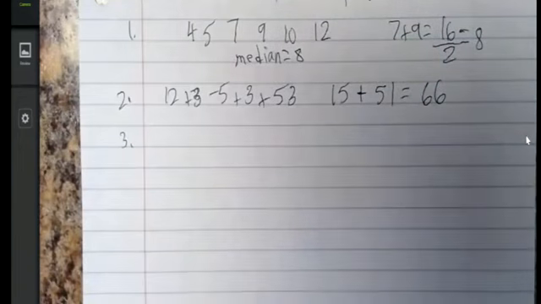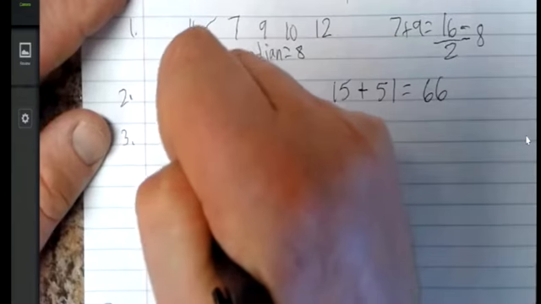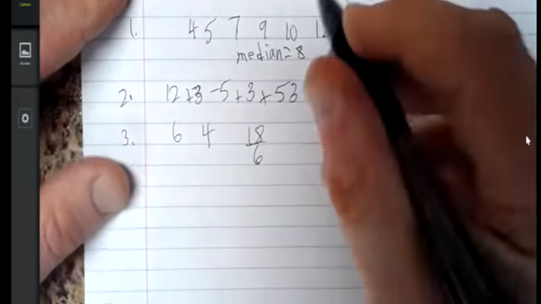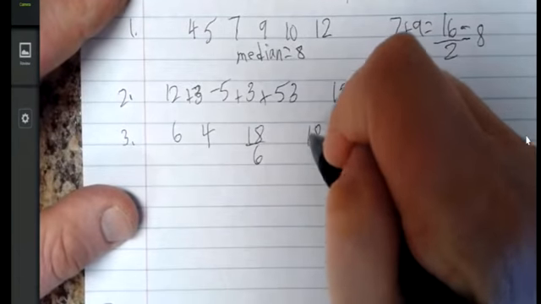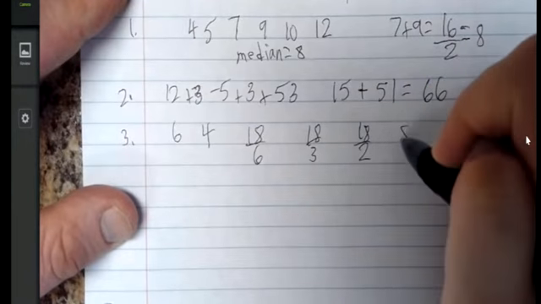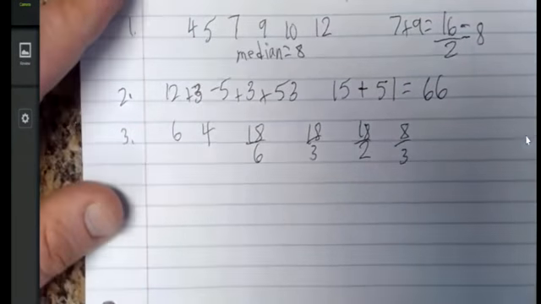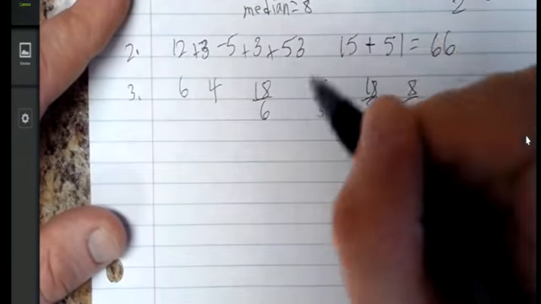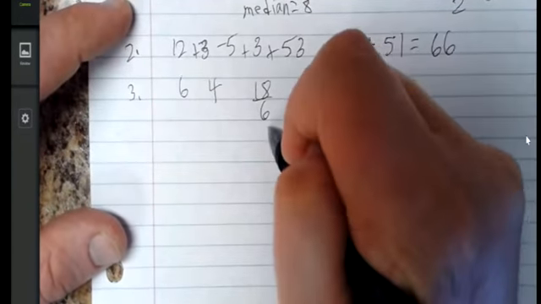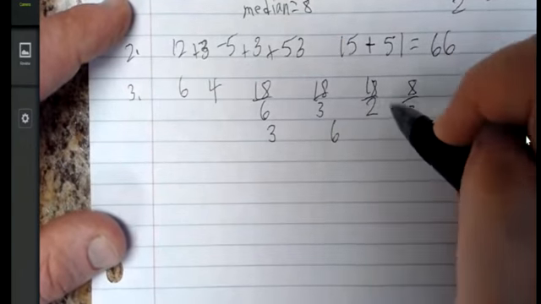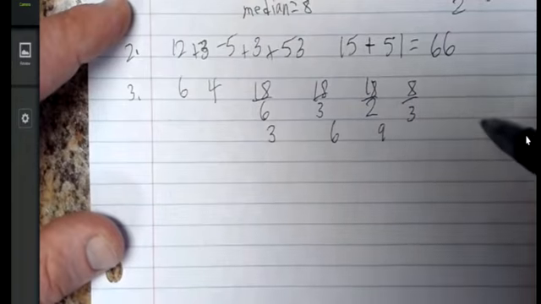Number 3 is asking, which two terms are the same? Let me very quickly copy these terms. 18 sixths, 18 thirds, 18 halves, and 8 thirds. 18 sixths, 18 divided by 6 is 3. 18 divided by 3 is 6. 18 divided by 2 is 9.